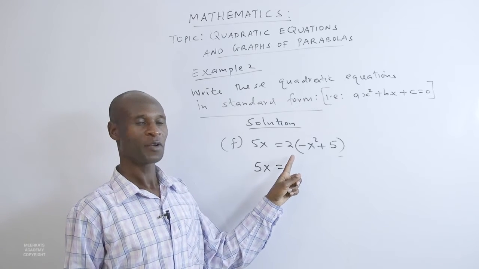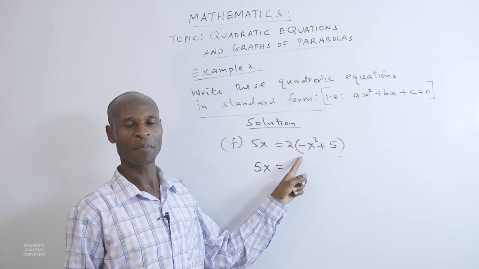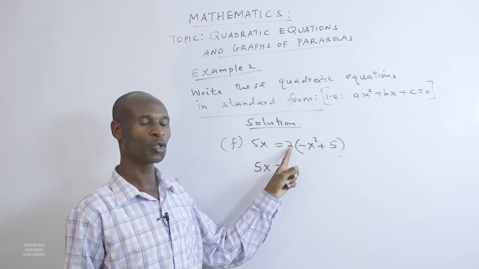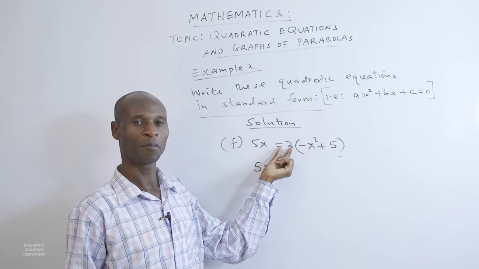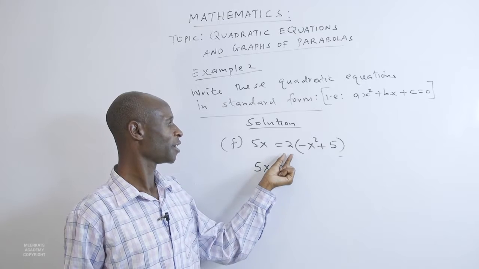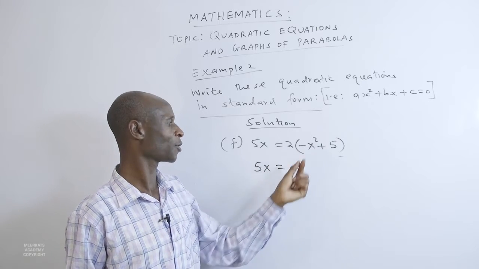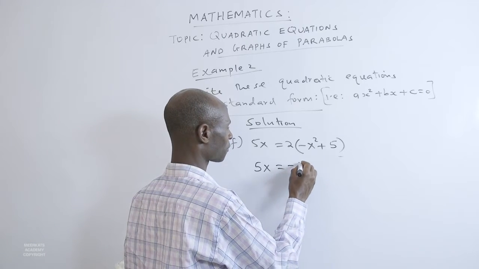Then the right-hand side, we have a 2 outside the bracket, and therefore we open the bracket by multiplying 2 by the first term in the bracket, 2 multiplied by the second term in the bracket. So in this case, it's 2 multiplied by minus x squared, which is minus 2x squared.